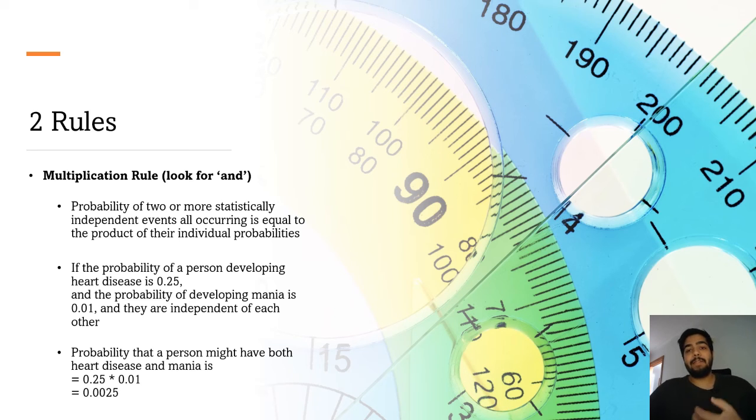For example, if the probability of a person developing heart disease is 0.25, that is 25%, and the probability of developing mania is 0.01, that is 1%, and that they are independent of each other, then the probability of a person getting both of them will be 0.25 multiplied by 0.01, and that is 0.0025. So whenever you find the term 'and', use multiplication, and that will help you solve these questions.